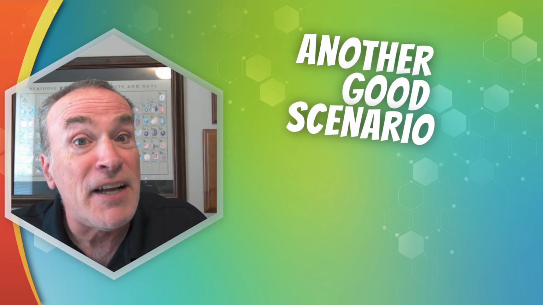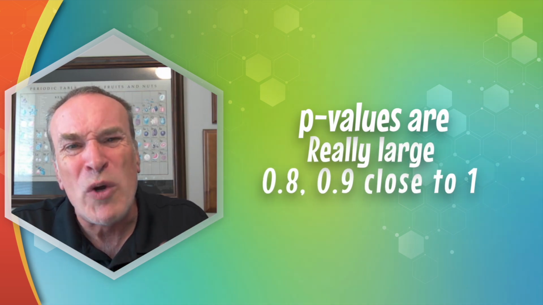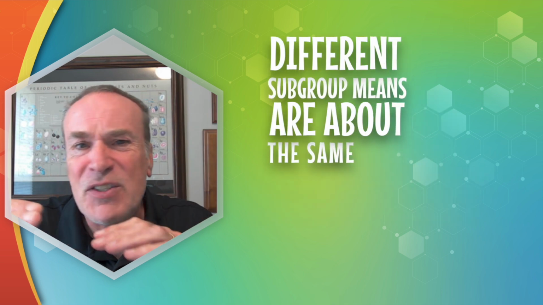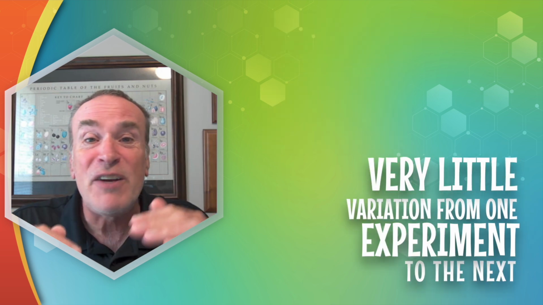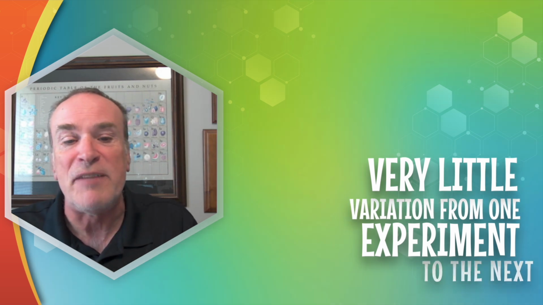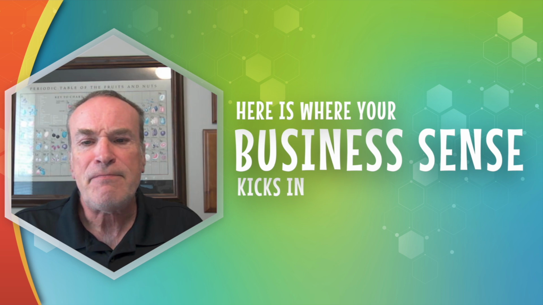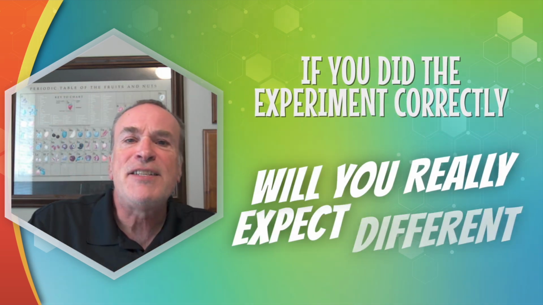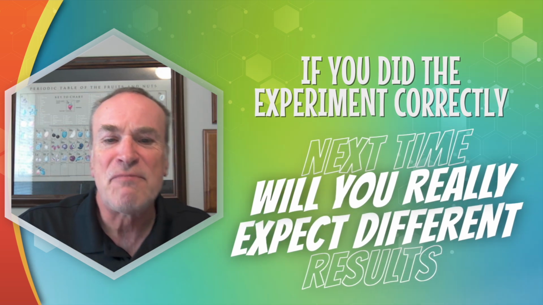Here's another good scenario. The p-values are really, really, really large: 0.8, 0.9, close to 1. All of the different subgroup means are about the same. There's very little variation from one experimental run to the next experimental run. Now, here's where your business sense kicks in. If you did the experiment correctly, then the next time, will you really expect different results?